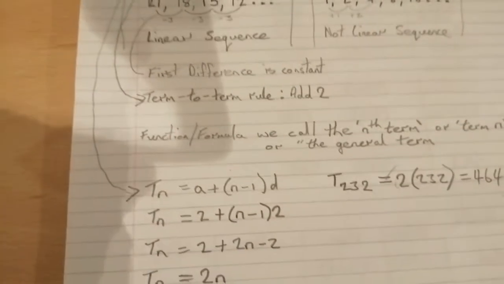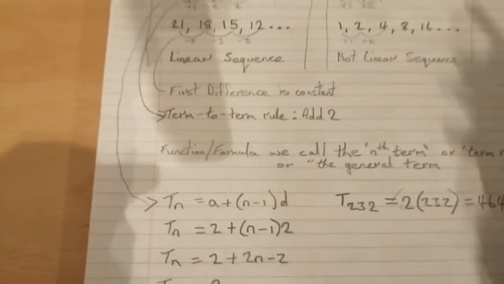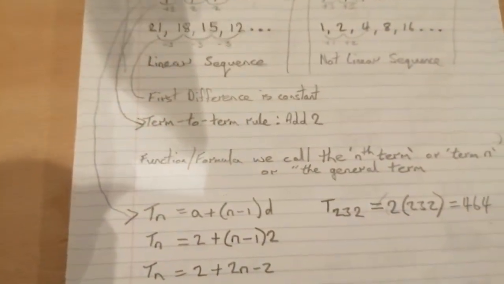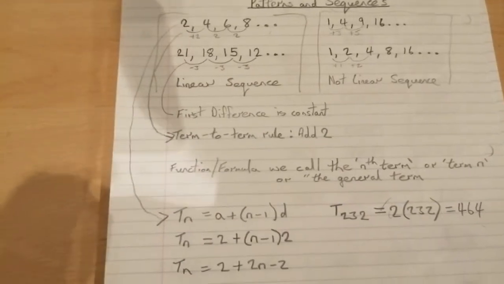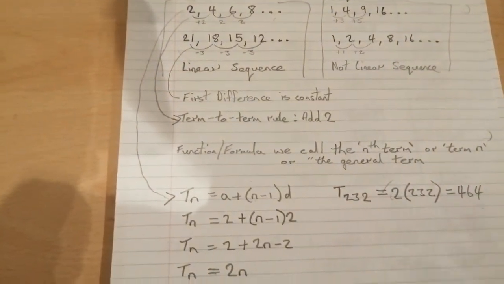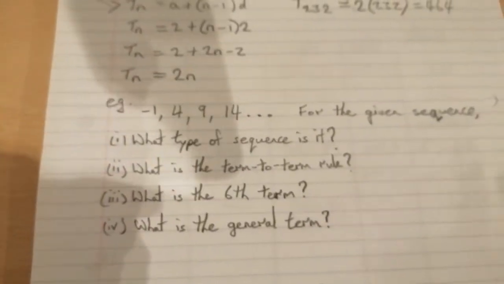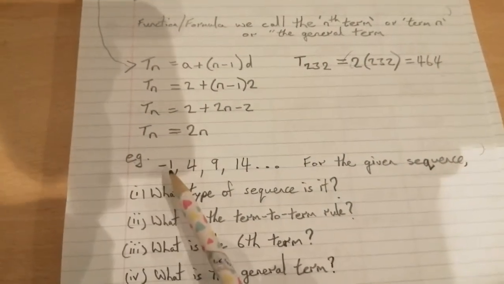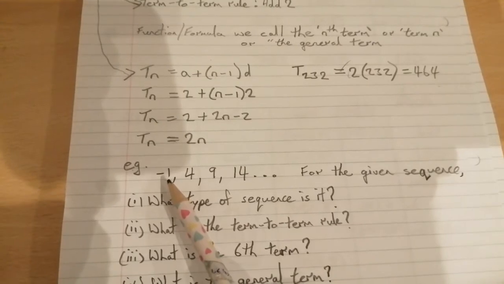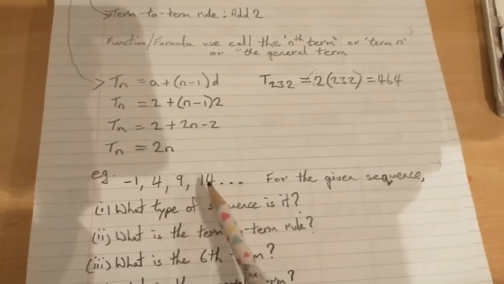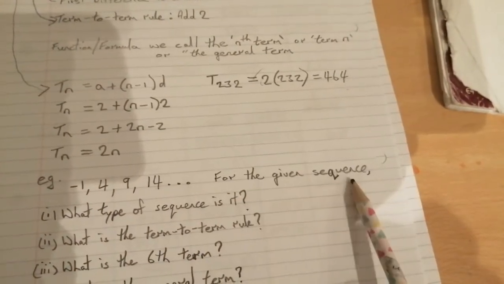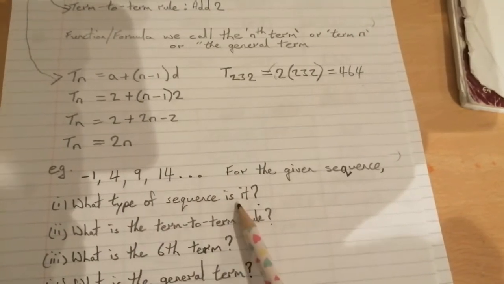Okay, one more example of a question using what we've got here. We won't do anything more than that today, and we'll just see how we use all of that information that we've learned above. So this example I have down here gives me a sequence: -1, 4, 9, 14. And it says, for the given sequence, what type of sequence is it?